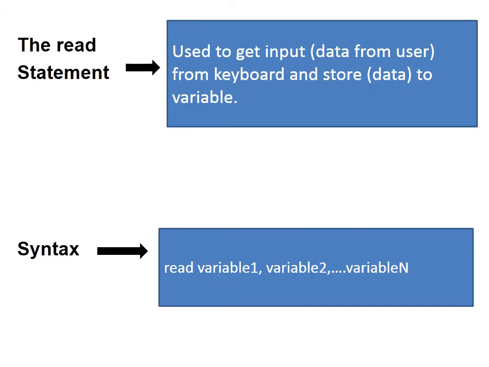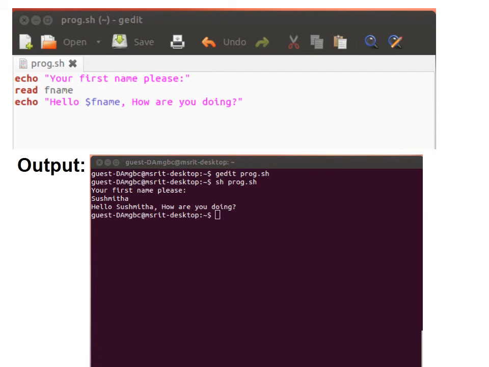The read statement. Read is used to get the input data from the user from the keyboard and store the data into the variable. The syntax is as follows. Before explaining this example, let me tell you how to write a shell program and how to execute it. On the terminal, type gedit followed by the program name .sh.